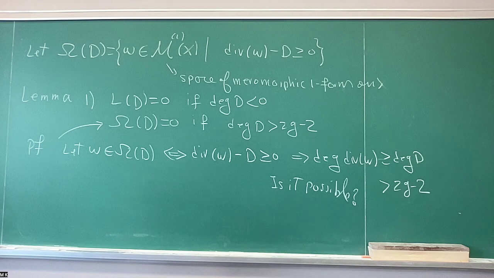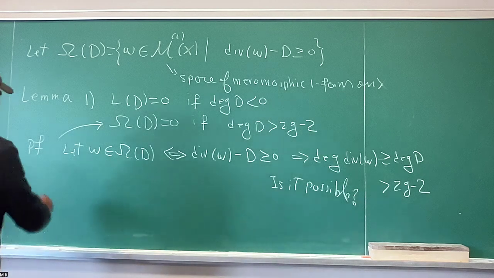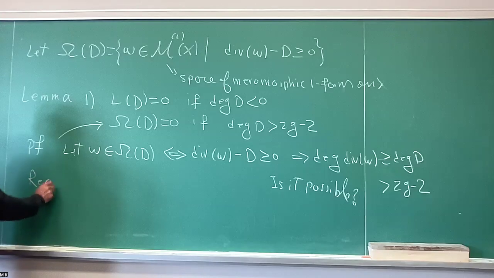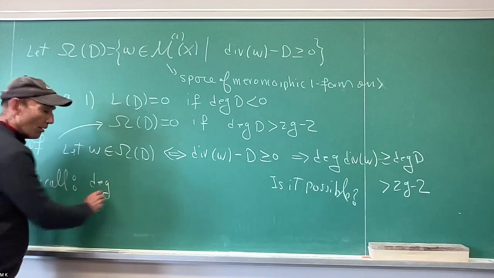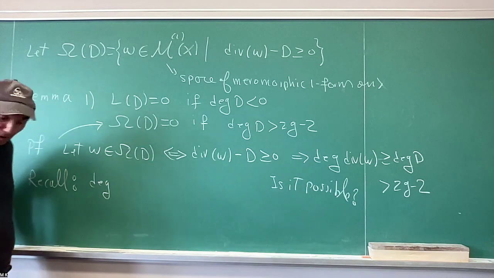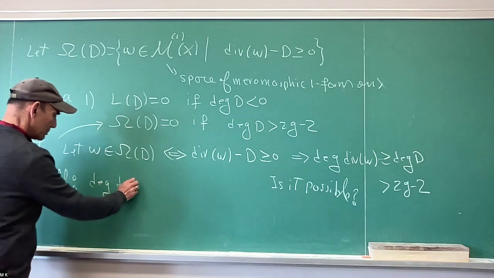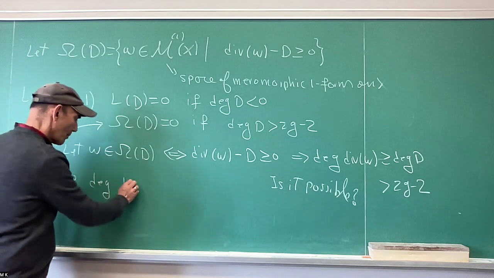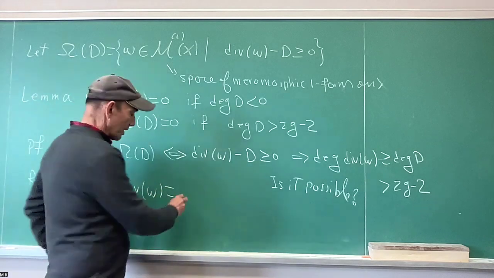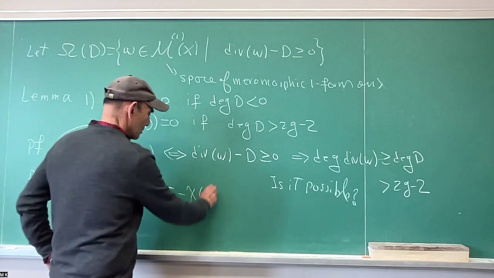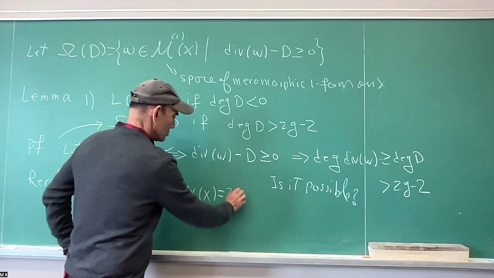I proved the statement in the last lecture, and this was a non-trivial statement, that the degree of the divisor of any meromorphic one-form is equal to negative Euler characteristic of the surface, which is 2g minus 2.